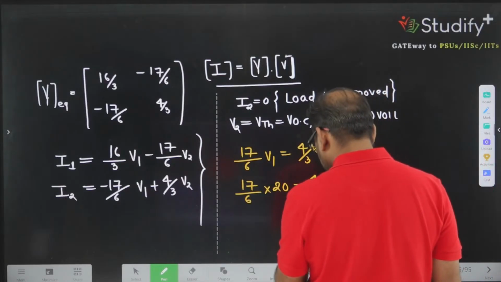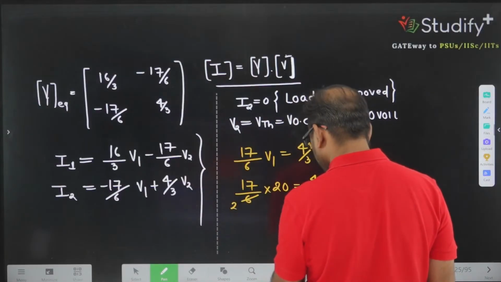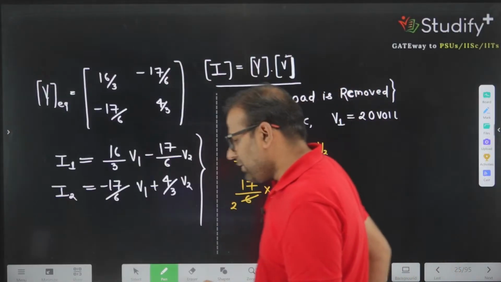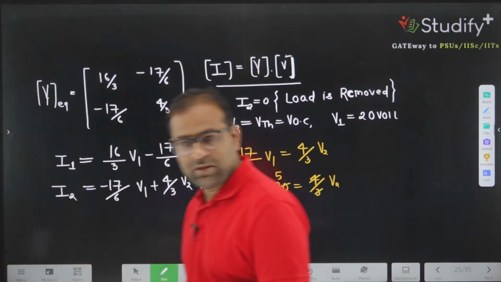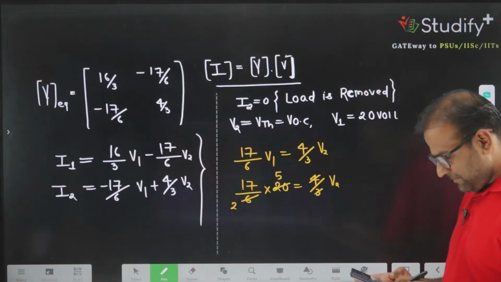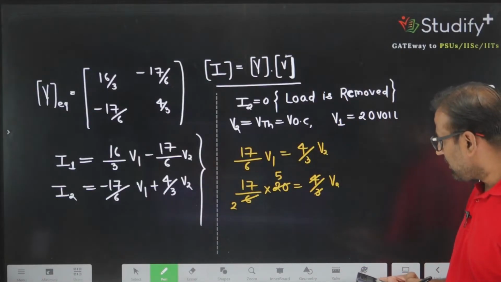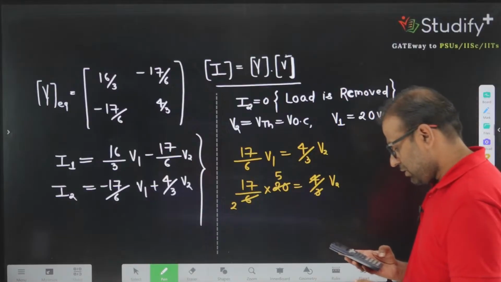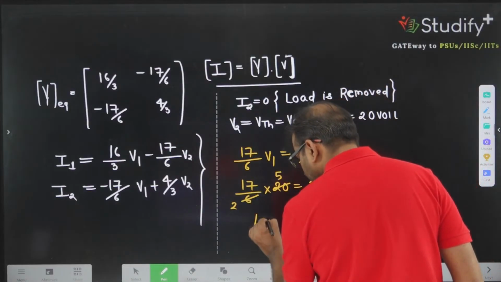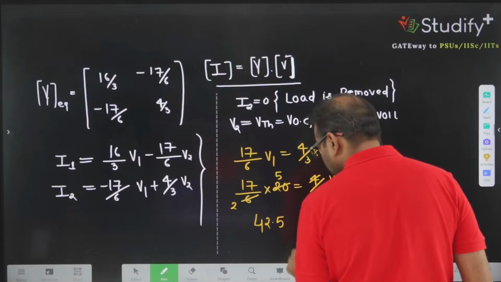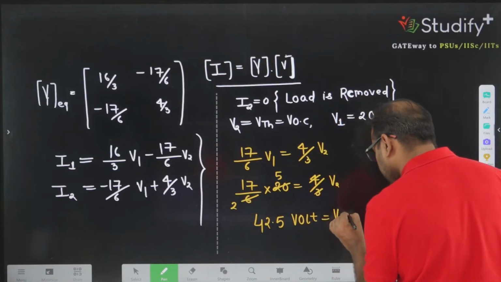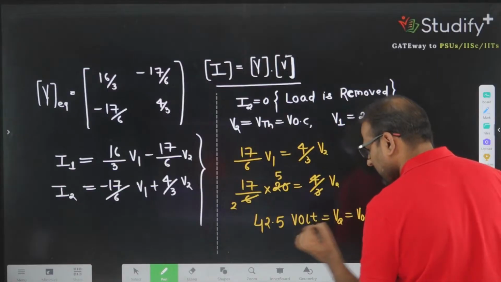When you cancel it, 3 2s are 6, 4 5s are 20, and this value will be 17 into 5 divided by 2. 42.5 volt is the value of V2, or you can say this value is the open circuited voltage.